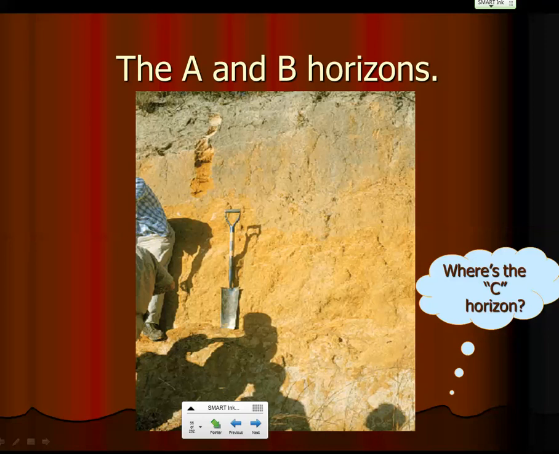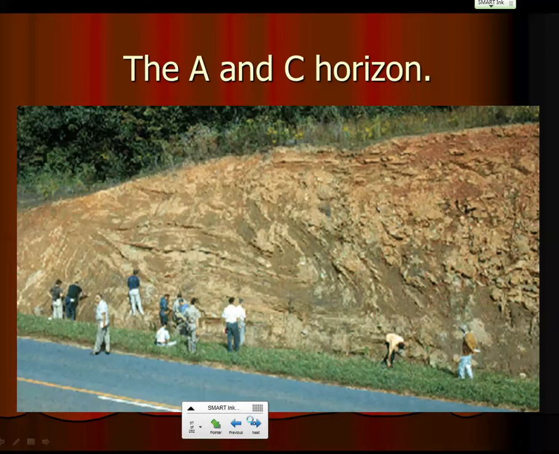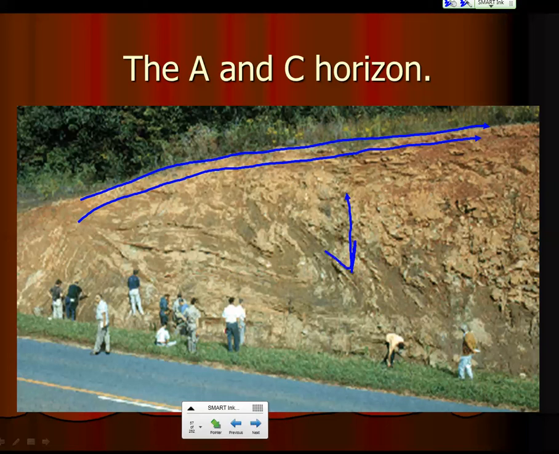We haven't dug down far enough to see the bedrock or the partially weathered rock. There's a picture showing the A horizon way up top, right by these bushes and trees. And the C horizon might be just below that. And then all this isn't really weathered much at all on the inside. That's the bedrock.